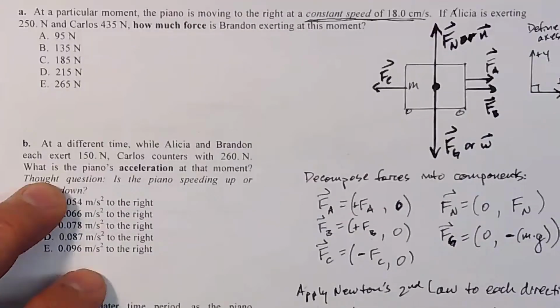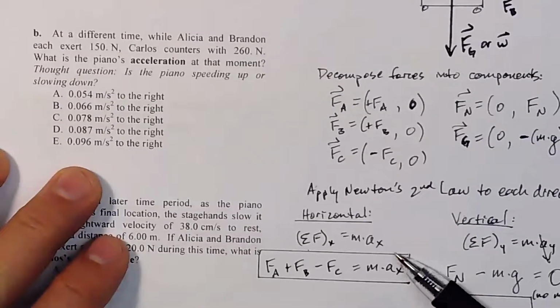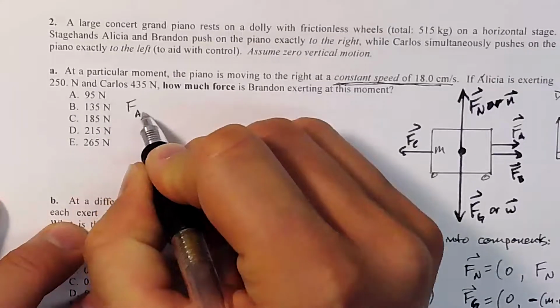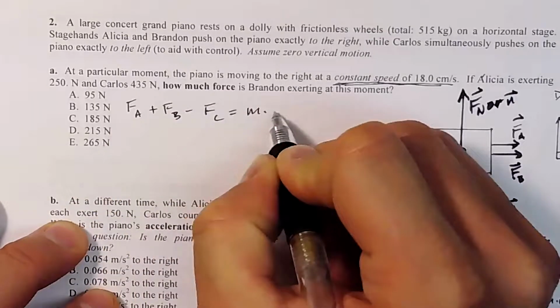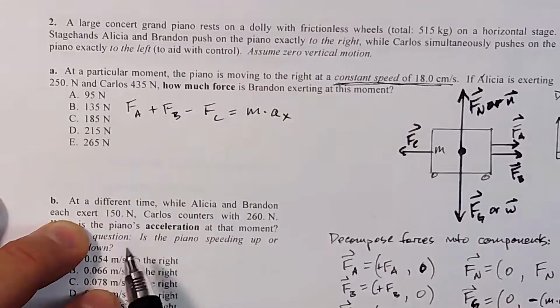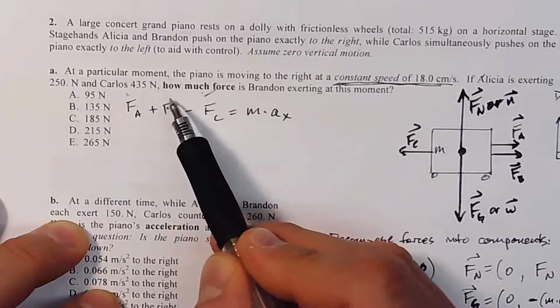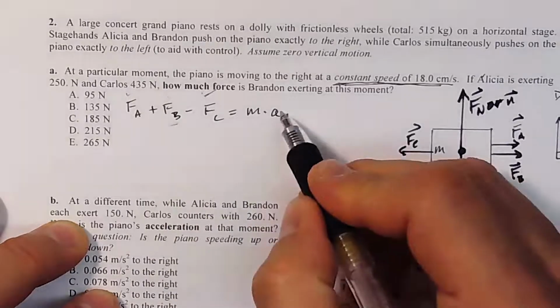Well, we're talking about horizontal motion here, so let's use our horizontal result from Newton's second law. I'll just reproduce that up here. So what do I know? I'm given FA, I'm given FC, I'm asked to solve for FB, so this is my unknown, and I know that this is equal to 0.